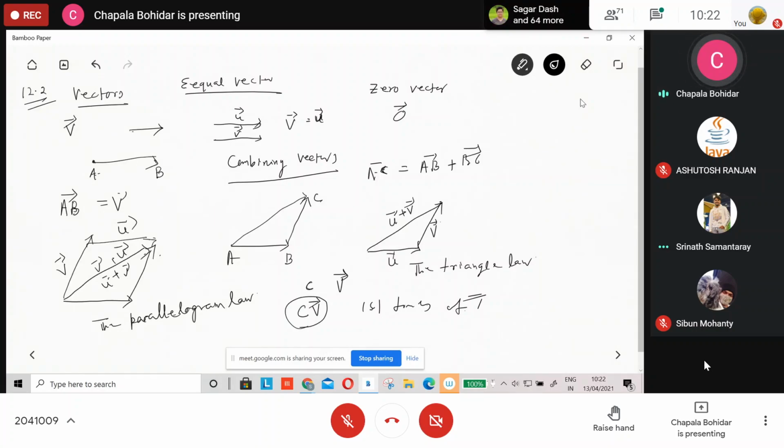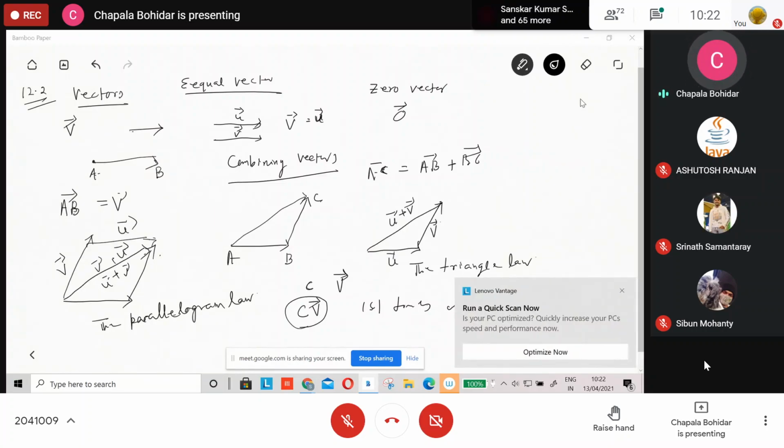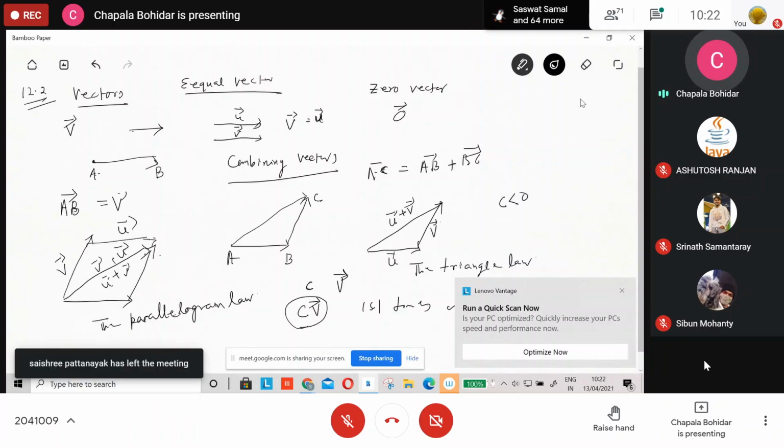If C is greater than 0, then it is the same direction. If C is less than 0, that is C negative, then it is the opposite direction.